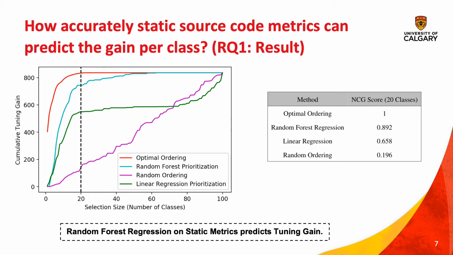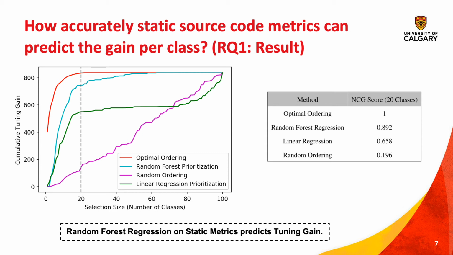In the results of this question, this figure shows the cumulative tuning gain of selected classes versus the number of selected classes. On top, the red line shows the cumulative gain of the optimal order, and we can see that it keeps rising until we select 20 classes, and then it reaches a plateau, which means that there is no gain in tuning the rest of the classes with this ordering.